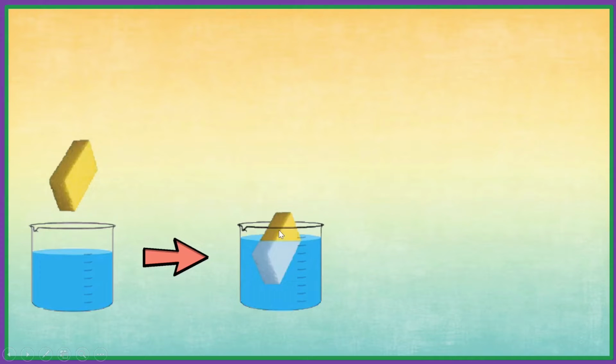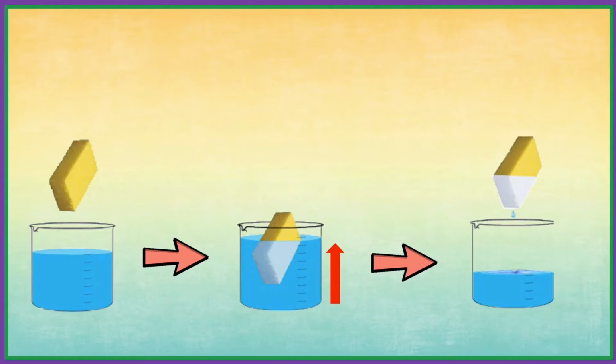we are going to lower the sponge inside the beaker which has water. And you can observe that the water level goes up. Now next, we pull out the sponge from the beaker which has water.